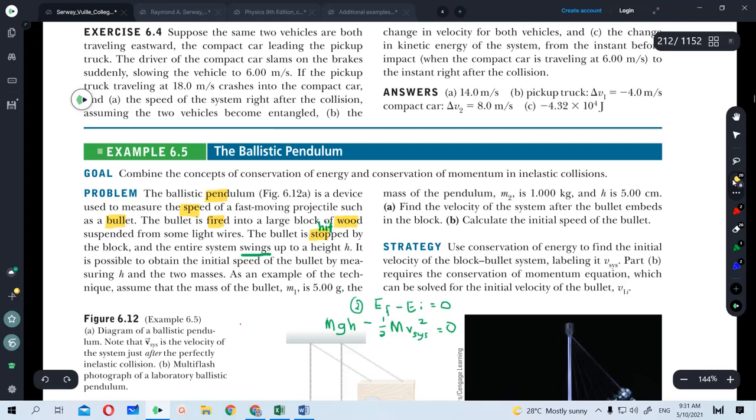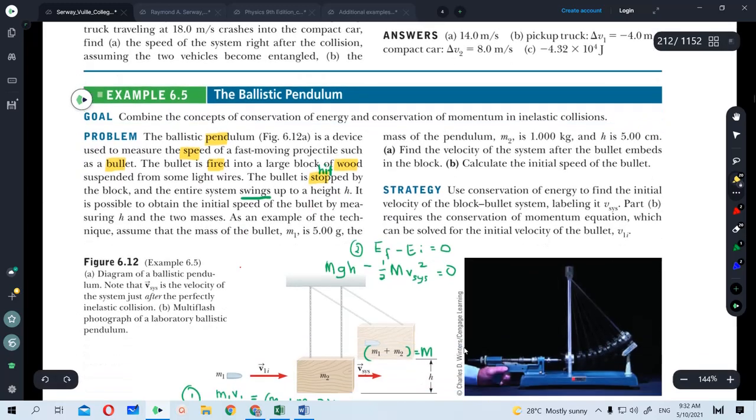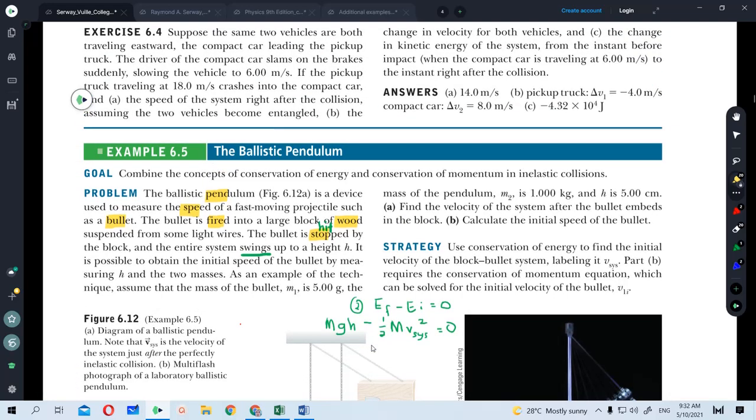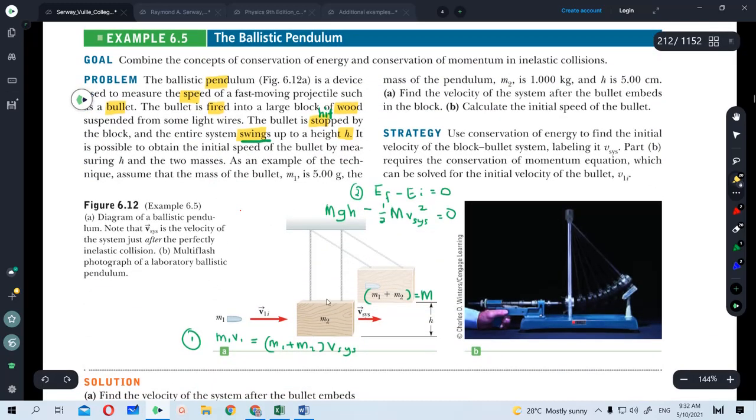Stop here represents that it is embedded, purely embedded, together. And as they embed, the block has acquired kinetic energy, and it swings to a height of h.